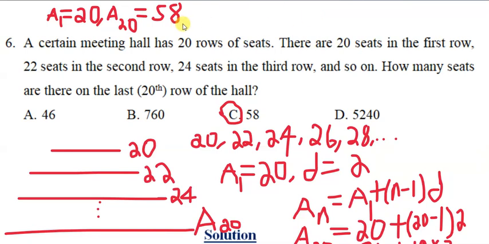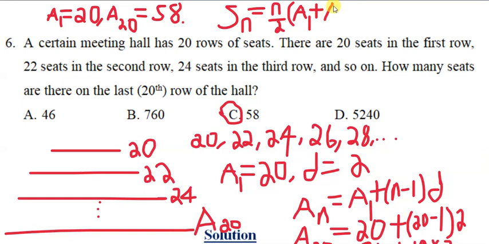Here, you know that the sum of the first n terms of an arithmetic sequence can be given as n over 2 times the sum of the first term and the last term, a1 plus an. That is what we know.